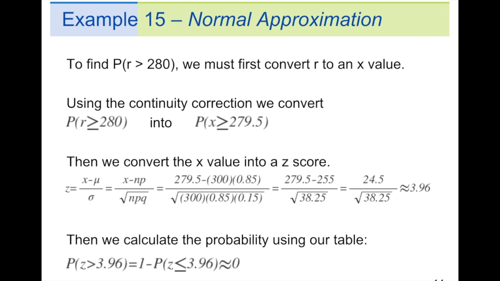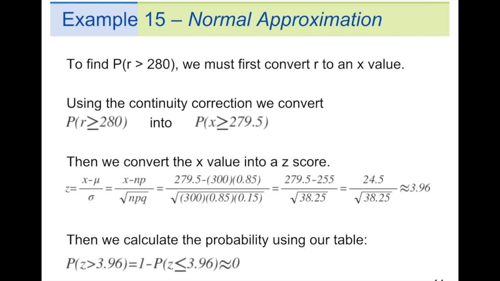So you'll also see in the table anything that is a z-score of 3.49 or greater approximates to 1. So the probability that z is greater than 3.96 is 1 minus the probability that it's less than or equal to 3.96. So the probability that it's less than or equal to 3.96 is 1. 1 minus 1 is 0.